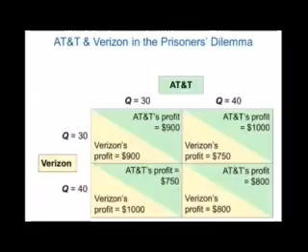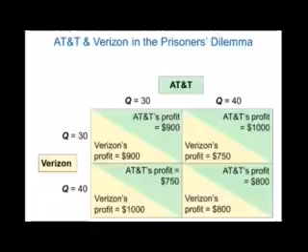However, if AT&T decides to serve more customers by lowering prices, then AT&T's profits go up to 1,000, Verizon's go down to 750. Same thing, if AT&T keeps at 30 units, but Verizon decides to increase quantity to 40, then Verizon's profits go up to 1,000 and AT&T's profit is 750. And if both of them renege and produce 40 units, then AT&T's profit is 800 and Verizon's profit is 800.